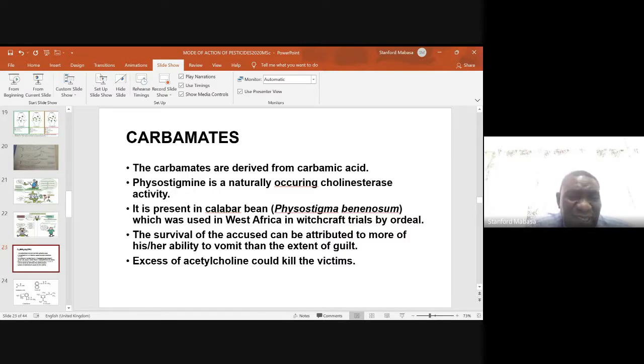But of course, the survival of the accused can be attributed more to his or her ability to vomit than the extent of guilt. So after eating this bean, there was excessive acetylcholine, which ended up killing people.